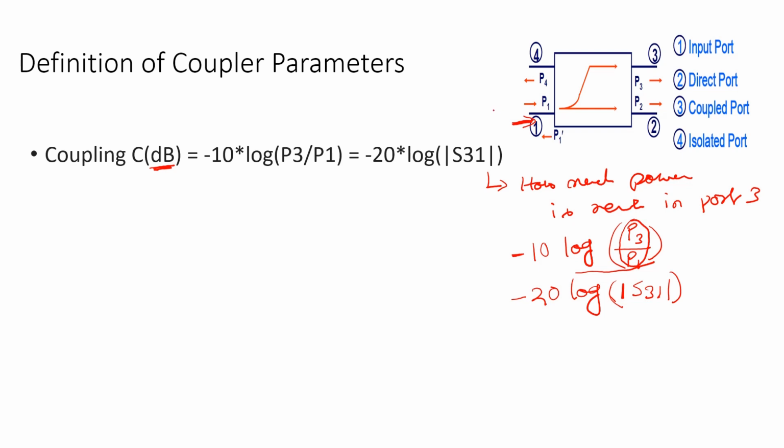So from your intuition you can say some signal is falling here, and the signal could be in voltage or current form, and some signal is coming out of here. Perfect. Let it be V1 plus, going in the positive direction. Because it is reflecting, it will be negative.